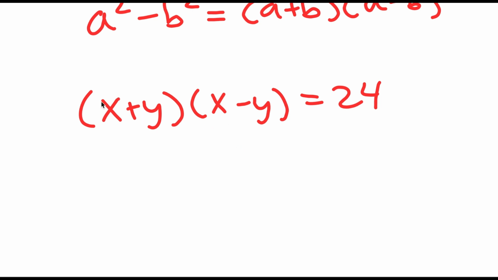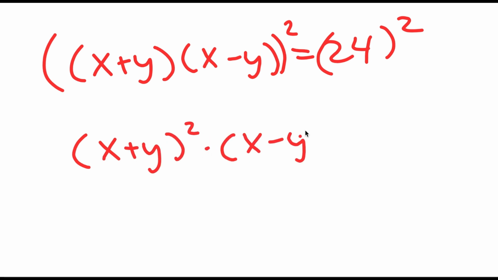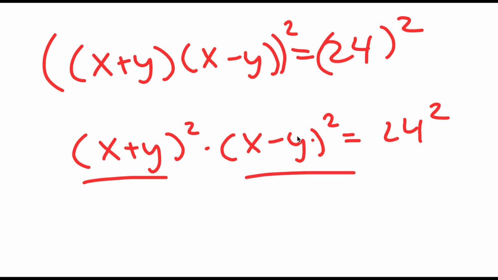Now, from here, I'm going to square both sides. So now I have x plus y squared times x minus y squared is equal to 24 squared. Now I'm going to use another property for both of these.